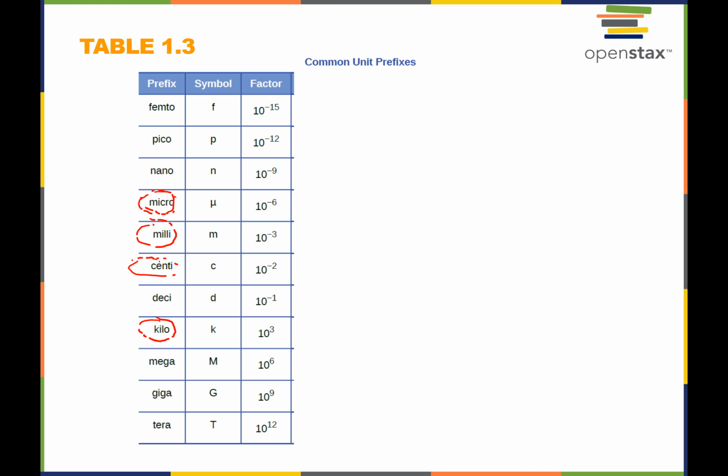If I wanted to focus on milli, okay, anytime you see the milli prefix, milli means 1 times 10 to the negative 3rd. That's what milli means. So that means if we pick on, for instance, meters, millimeters, we could say that 1 millimeter is equal to 1 times 10 to the negative third meters. That's how that works.